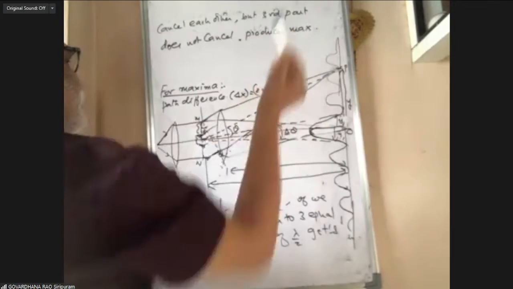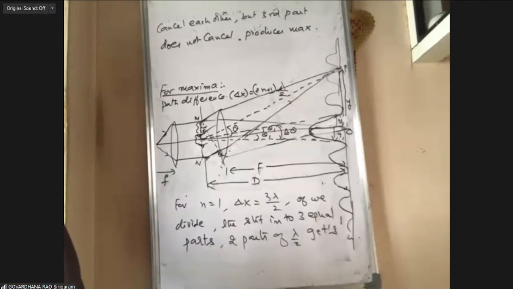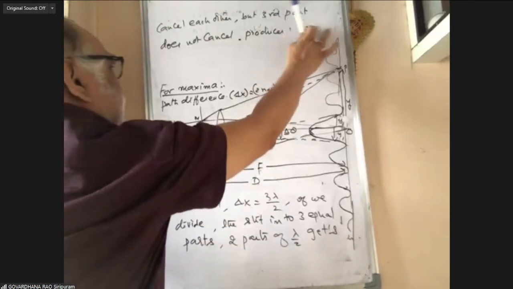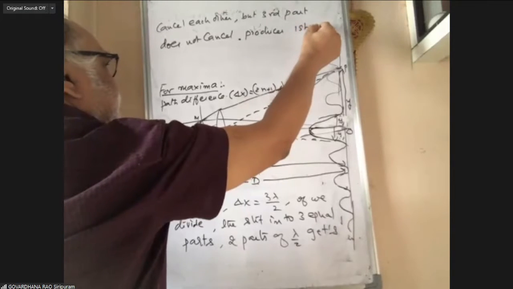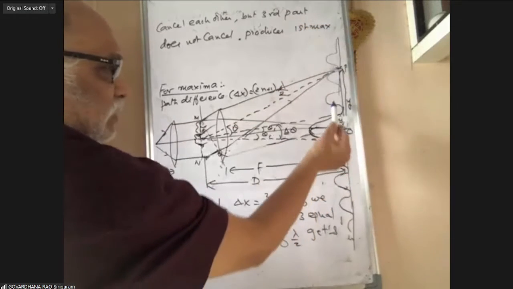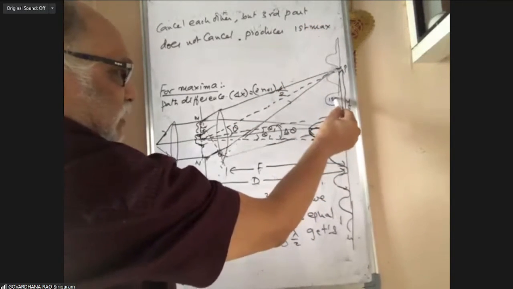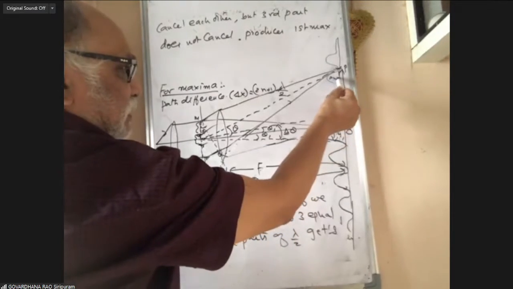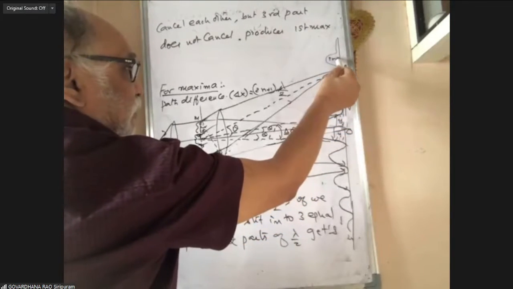Maxima. So this produces the first maxima. This is the first maxima, this is the second maxima, this is the third maxima.